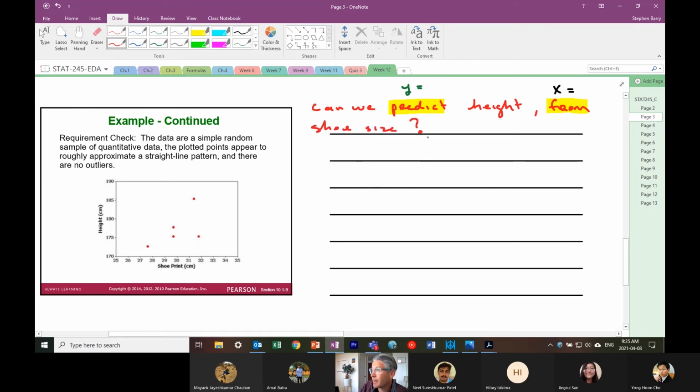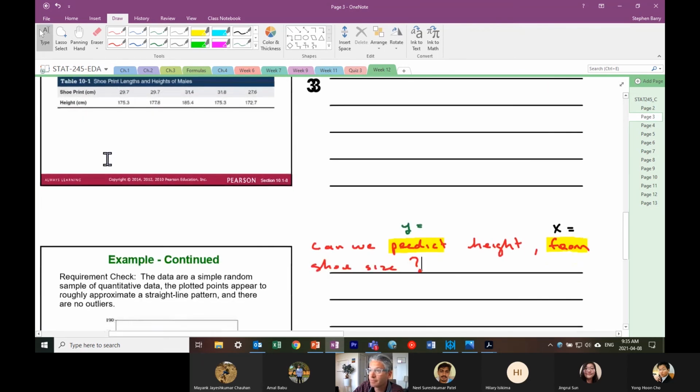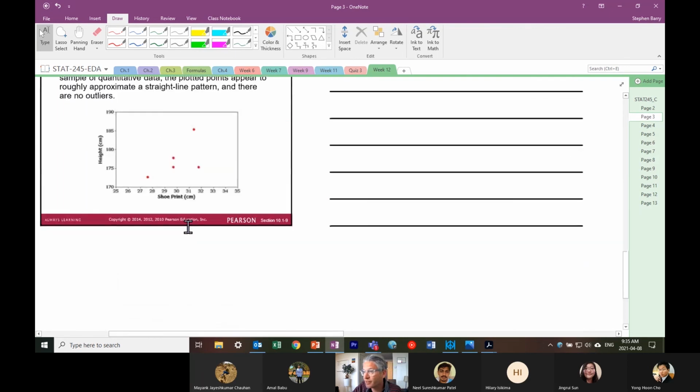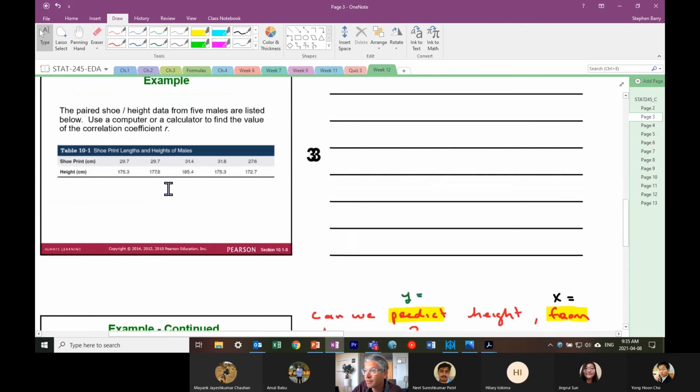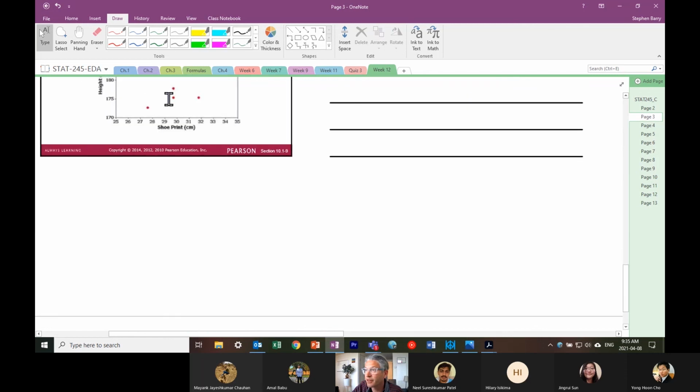And in order to do this, the first thing is you always graph it. So again, they take everything and they graph it. So if 29.7 would be here, 29.7, and then, because these people have the same shoe size, but they are different height. So that's that variable there.